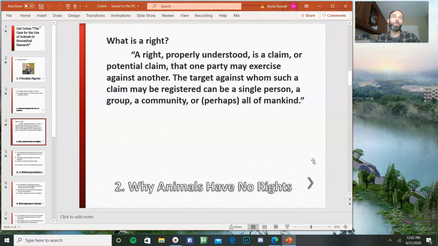We could go more into the different kinds of rights. They're often divided into negative rights, like the right to life, which is often thought of as a negative right. That's just a right that other people not kill me. They don't have to do anything special to uphold that right. They just have to refrain from killing me.